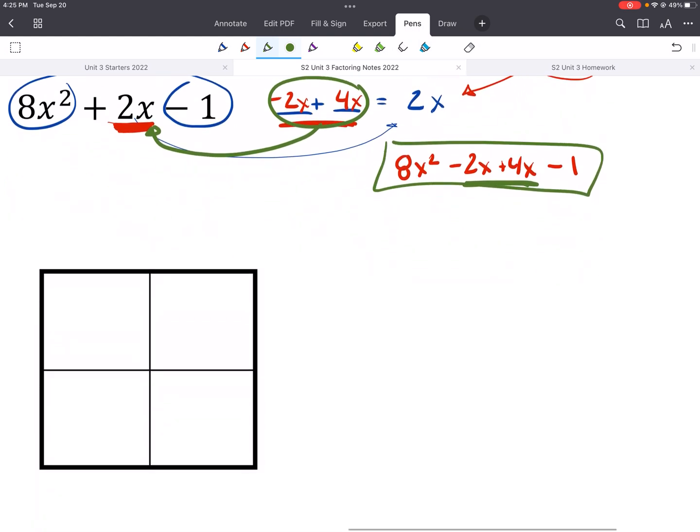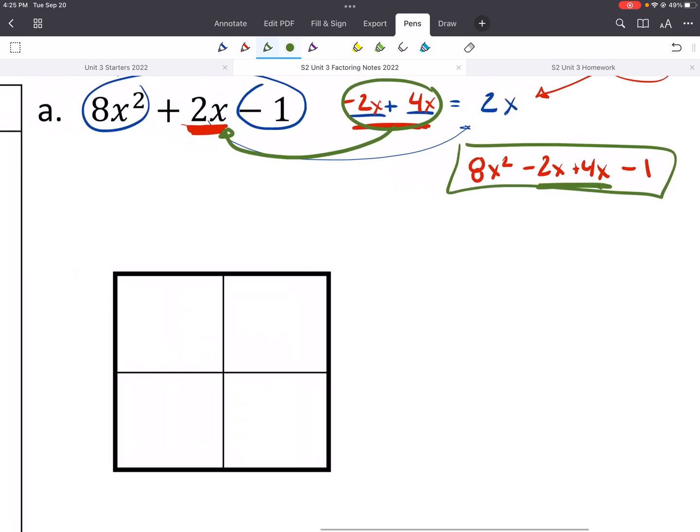We can use the box in order to factor out the two binomials. So here we'll finish that up. This isn't new, but we'll write those out and get some extra practice. We plug in those 4 terms into the 4 boxes, and then we factor out the greatest common factor.